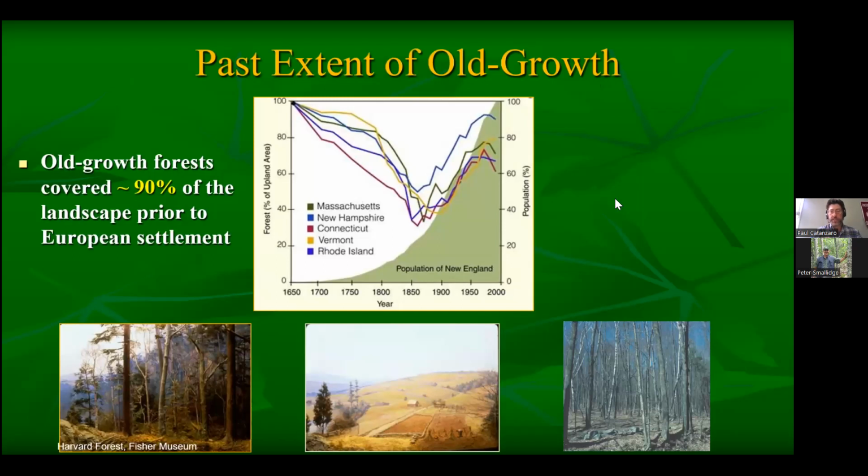And so when we talk about what the past extent of what we now call old growth is, the best estimates are somewhere around 90% of our landscapes would have been in this old growth forest condition, and leading to a lot of population and land clearing, as I talked about in that previous slide. And now, having bounced back over the last 100 or so years to the forest that we now see today.